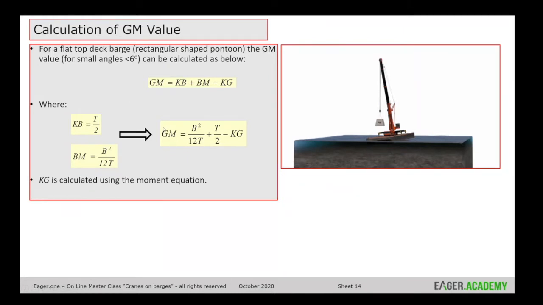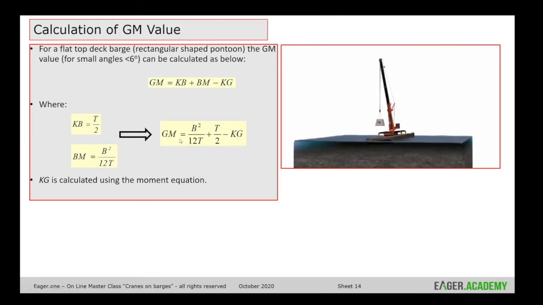Now then, all that comes together, we also have the KG, which is something that can be calculated from the moment equation, and you will add all the different weights up. You will calculate the moment towards the keel per item. You will add up, you divide it by the total weight, and the result is the KG.